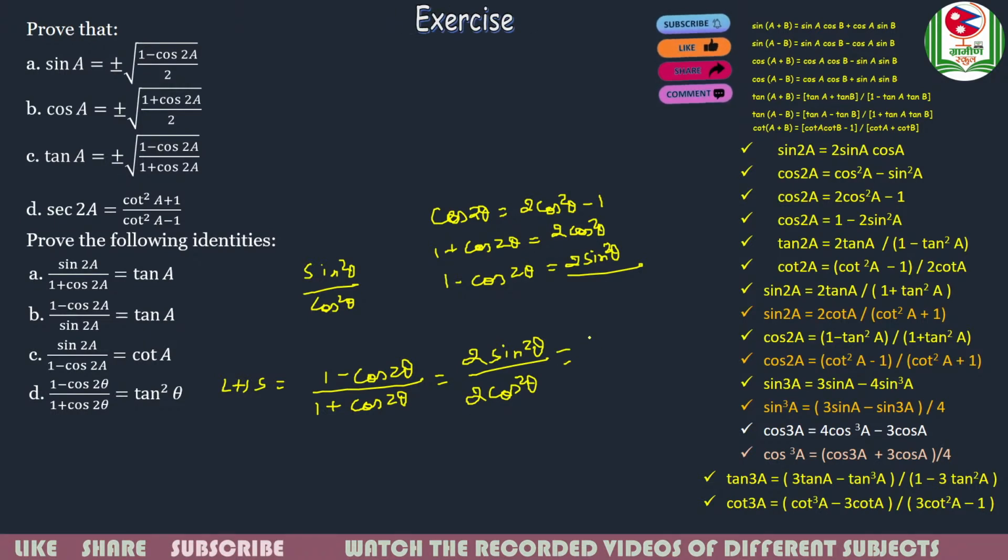So it is going to be sin square theta upon cos square theta, that is tan square theta. Hope you are understanding this. As it is very simple and easy, I am not being very slow, I'm just doing it fast so that we can complete all the other problems. So we have completed, and this is going to be RHS, and so we have proved that 1 minus cos 2 theta upon 1 plus cos 2 theta is equal to tan square theta.